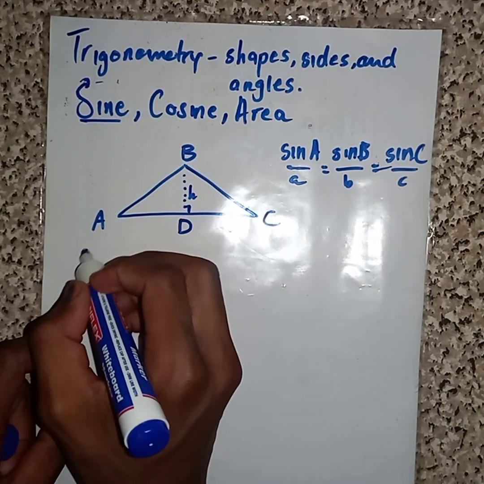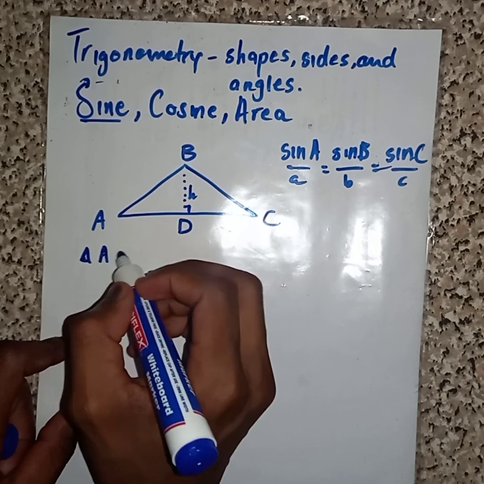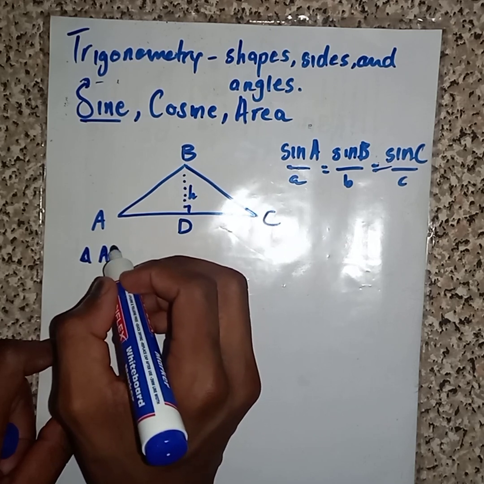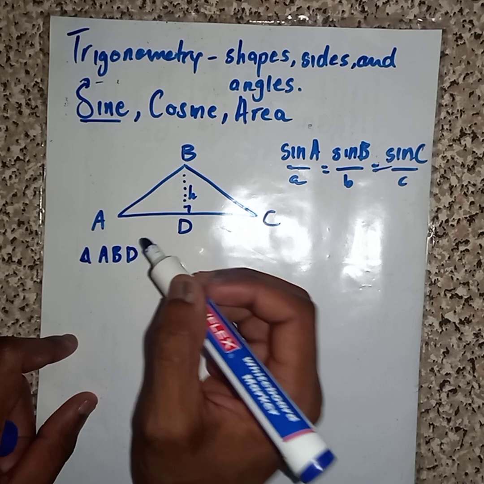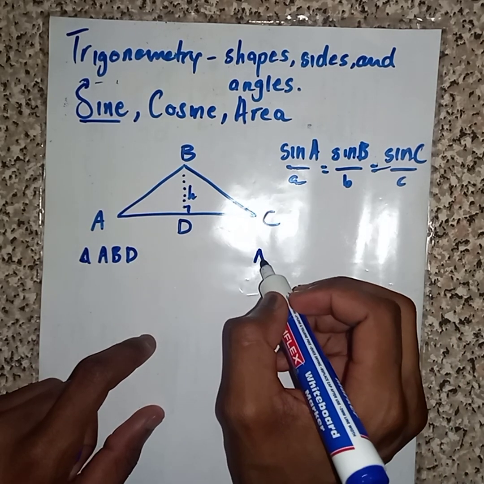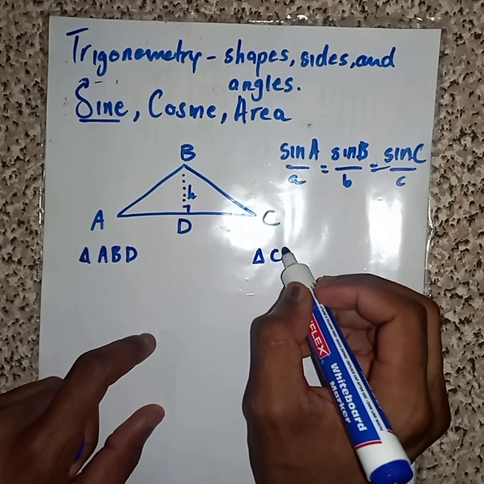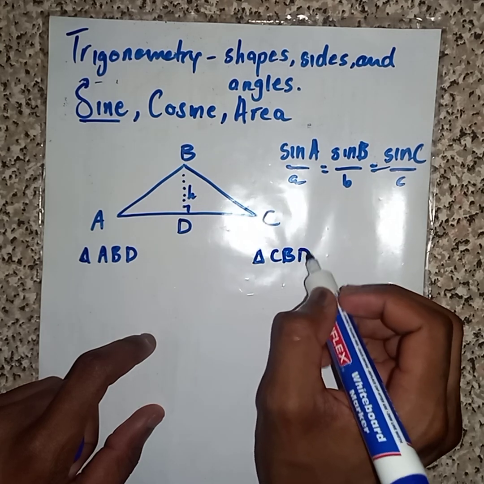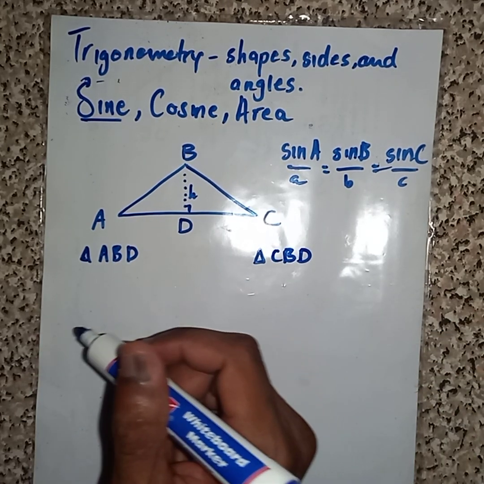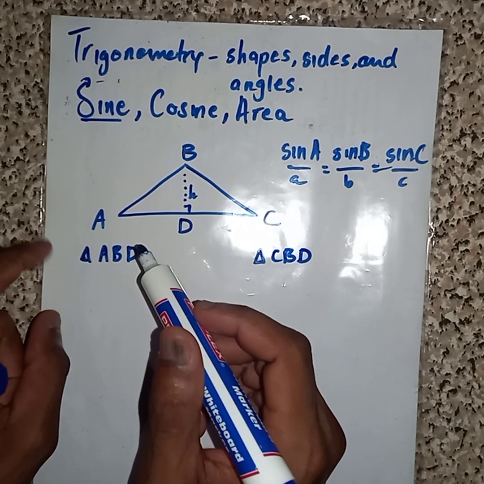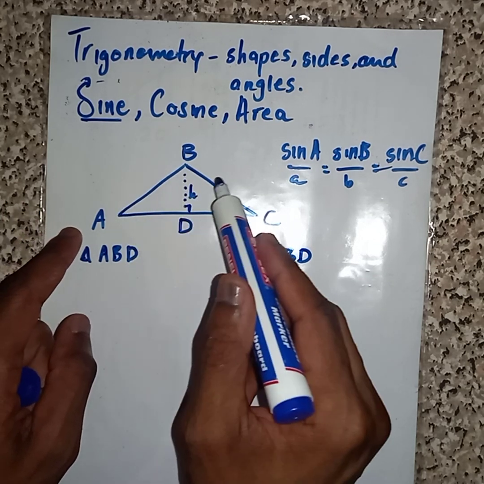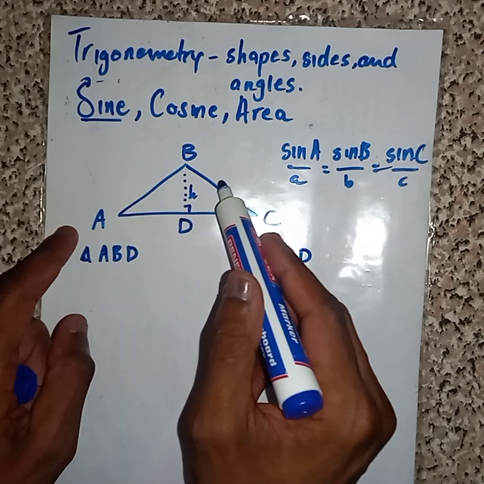You see, we have triangle ABD and triangle CBD. Do you see?